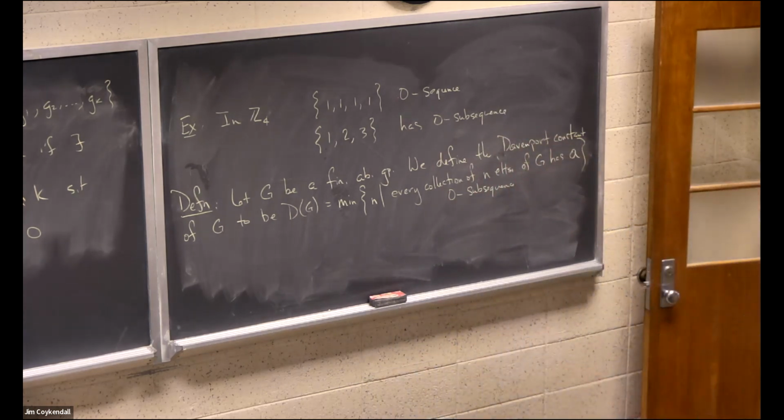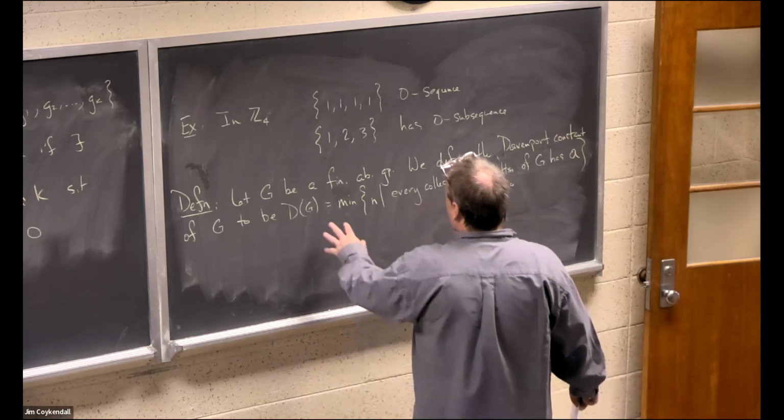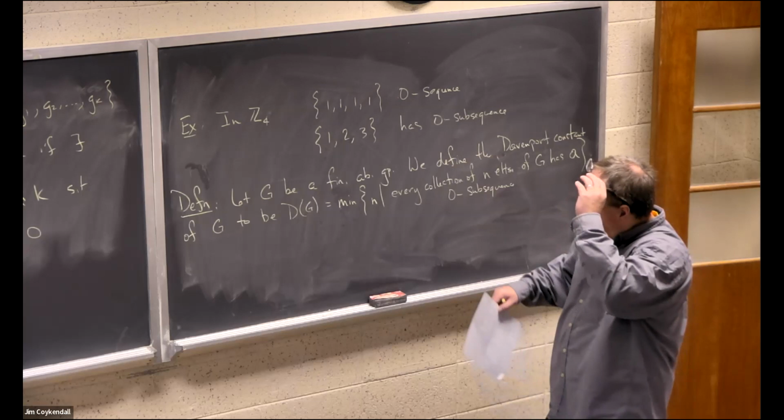And let me say that this collection of elements might have repetition. So if you have just n arbitrary elements, they might all be the same, or any hodgepodge, you're guaranteed that in that collection of n elements, you can pick out some subsequence that actually sums to zero. And of course, with this definition, it's pretty easy to see why you want G finite here.